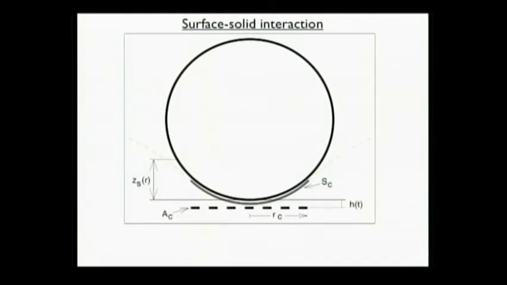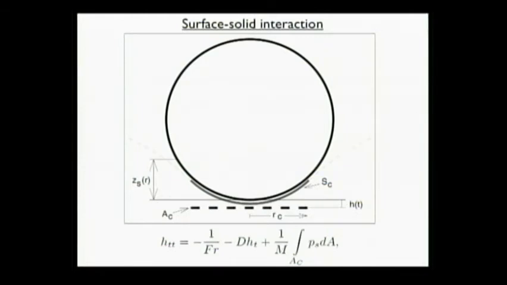This separation that appears here serves purely descriptive purposes. In the model, these two surfaces should coincide. And we also impose that the fluid surface, once it's detaching from the solid, at the boundary of the contact area, there should be tangency. So the free surface should have the slope of the sphere at that point.